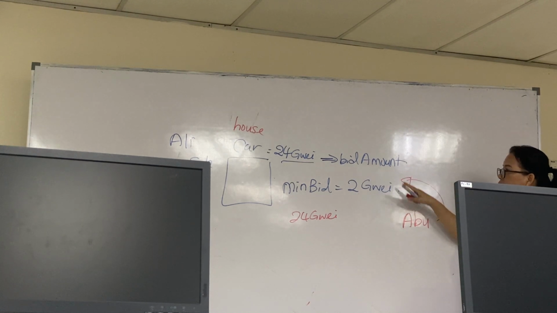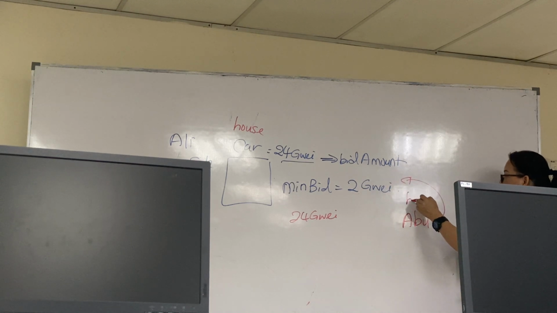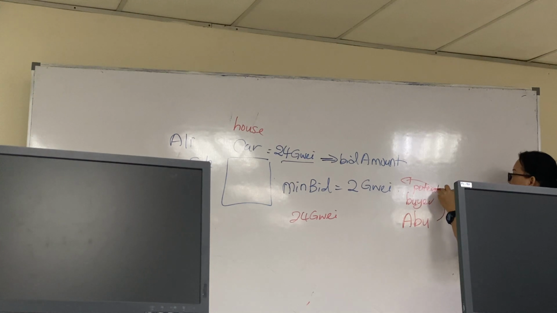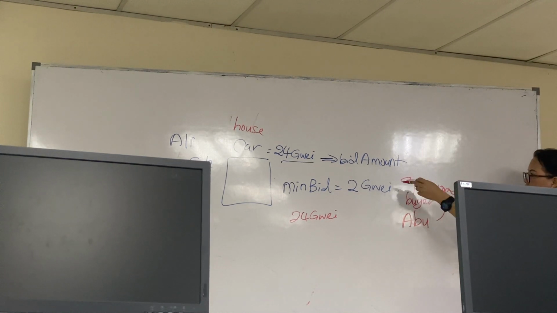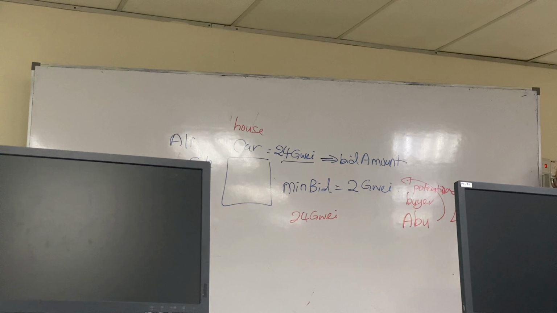So when Apple wants to bid, let's say this is a potential buyer. The buyer says, okay, I want to bid, I'm willing to pay 4 G-Way, which is more than the minimum bid.